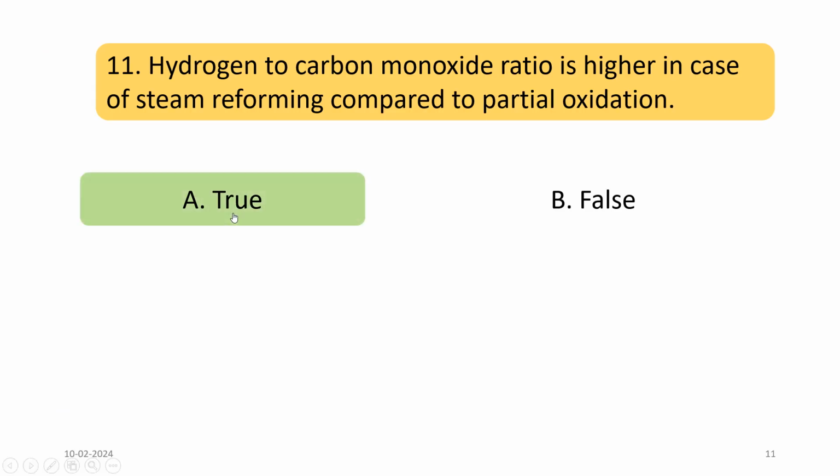It is true, because when we steam reform, we mix CH4 plus H2O to produce H2 and carbon monoxide. Here H2 is more than carbon monoxide, but when we do partial oxidation, we produce more carbon monoxide and a lesser amount of hydrogen. Then the ratio will be low.